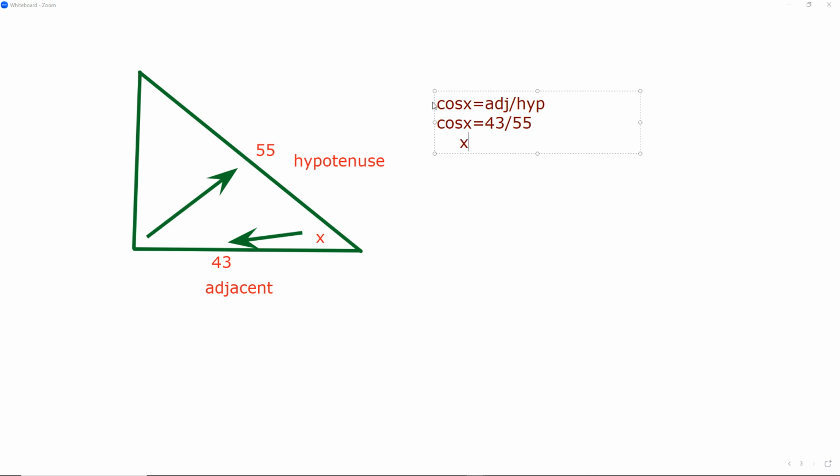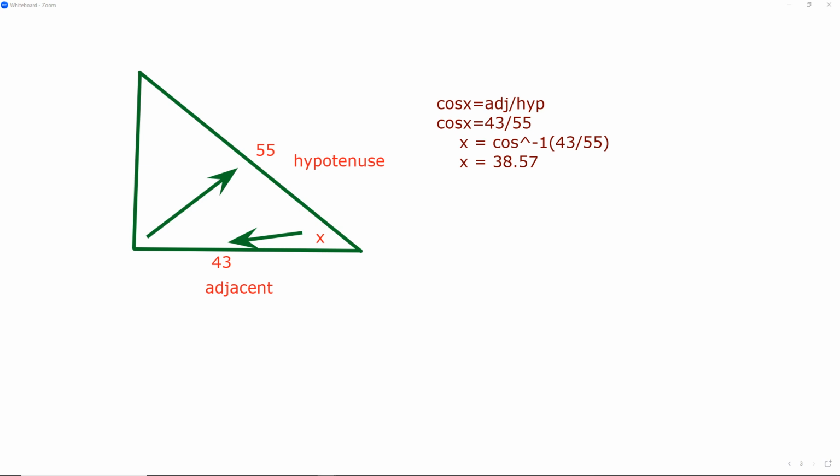So therefore, x will equal cos inverse of 43 over 55. Shift cos on the calculator, 43 over 55. And the answer you get is 38.57 for this.